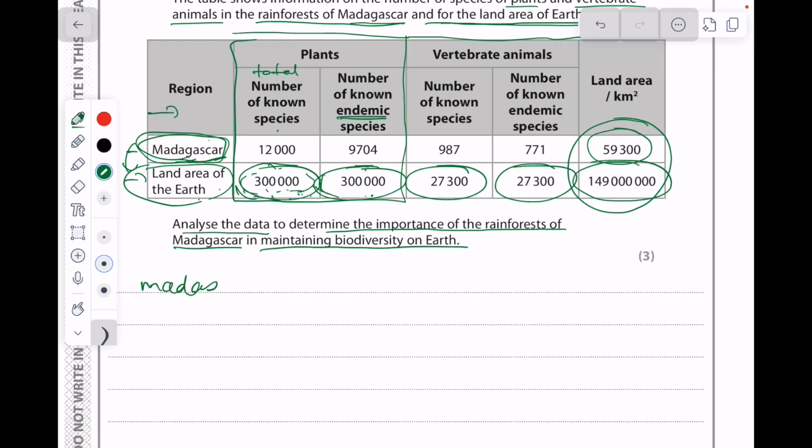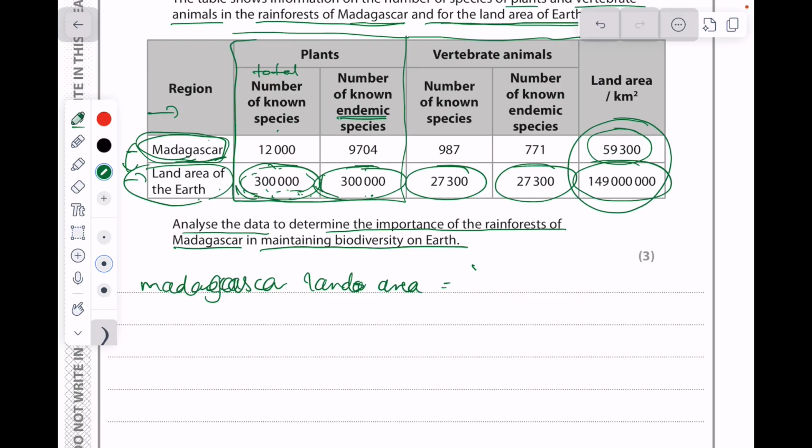Madagascar land area. So I'm just going to compare how much smaller Madagascar is, or what's the percentage of Madagascar land area. So I'm going to do 59,300 as a percentage of the land area of Earth.